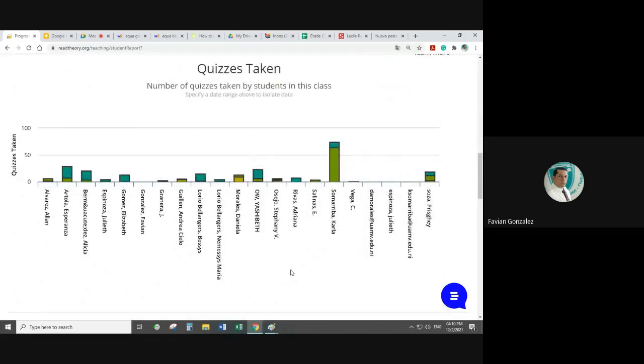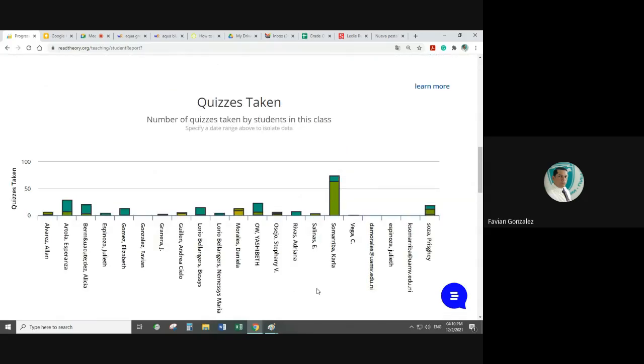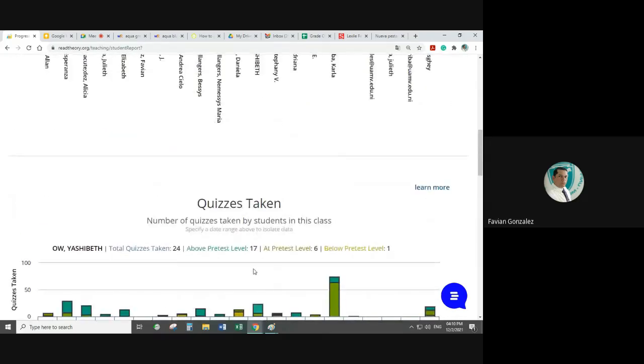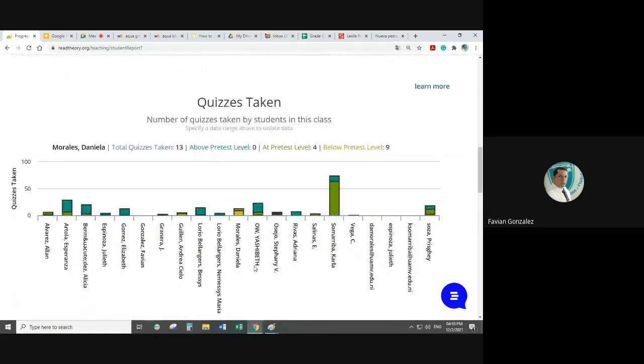In our case, in the cut, let's say. So as you can see, the numbers change. Of course, you're going to see fewer passages per student because it's a shorter period of time. And that's it. So this is how we can grade passages that they read on Read Theory.